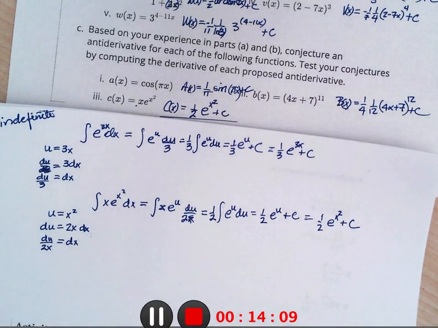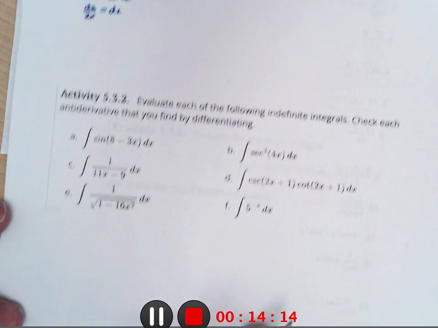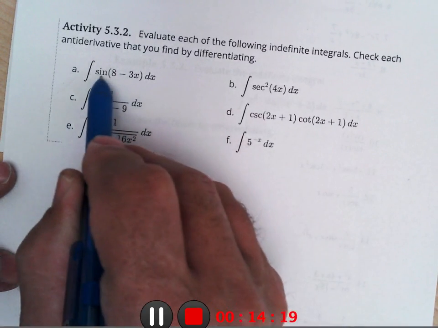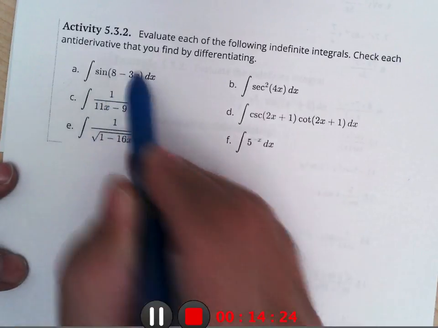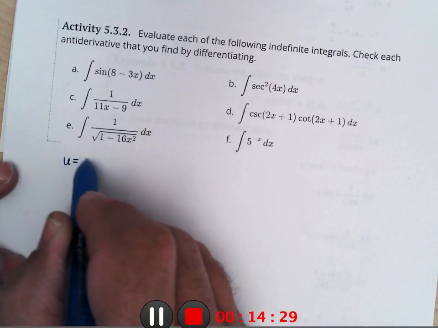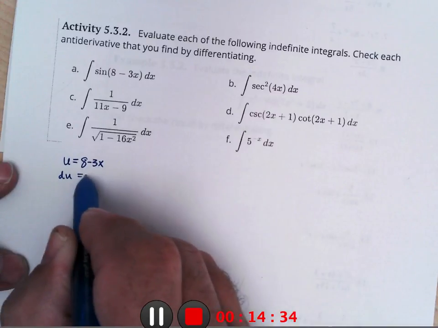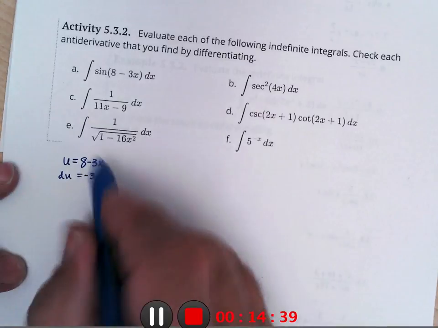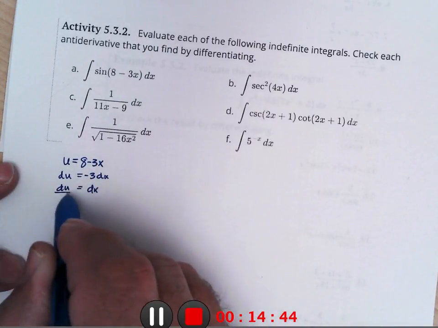So, activity 5.3.2 says, let's practice this a little bit. So what's the antiderivative of this? Well, what's making this complicated is the 8 minus 3x. So if we use the U sub, we would go u equals 8 minus 3x. du would be minus 3 times dx, because the derivative of 8 is 0. So dx would be du divided by -3.